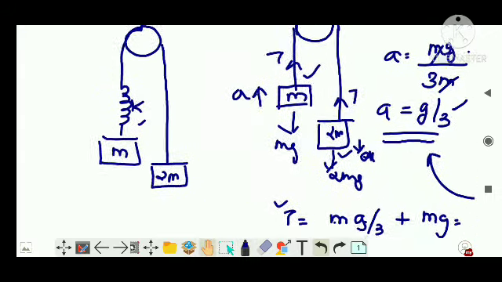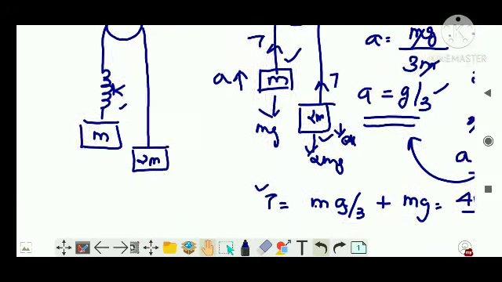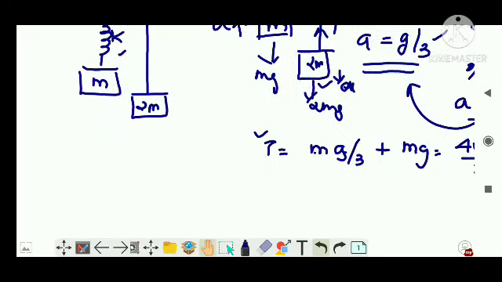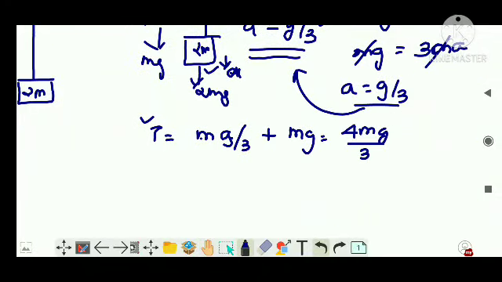It's not a string here. In the above problem, we replaced a spring with a string, right? And in place of FSP, I wrote T. So now in place of T, I'm going to write FSP is equal to 4mg by 3.